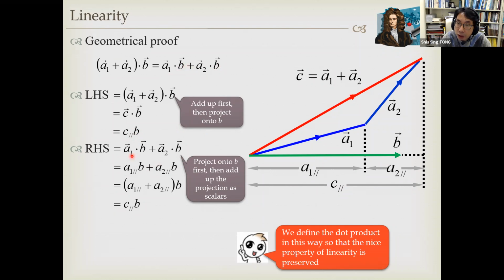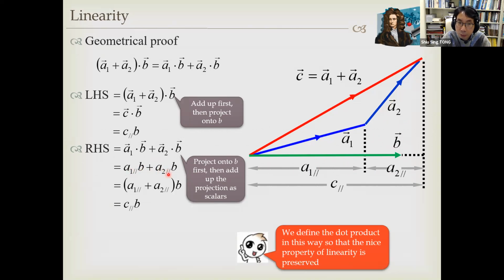The right-hand side consists of A1 dot B and A2 dot B added together. A1 dot B is the projection of A1 in the direction of B, the component of A1 in the direction of B. So I get A1 parallel multiplied by B. For the second vector, after projection to the B direction, I get A2 parallel multiplied by B. Now, there are two numbers, right?